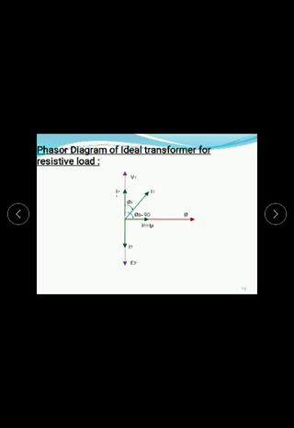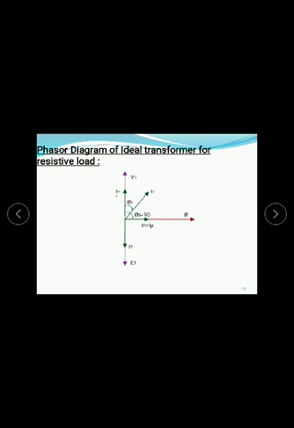So here the flux is the reference. This is the I mu, and flux and I mu are in phase. So I mu is lagging 90 degrees with reference to the V1, and E1 and E2 are lagging 90 degrees with respect to the flux. Based on this we can draw the phasor diagram.